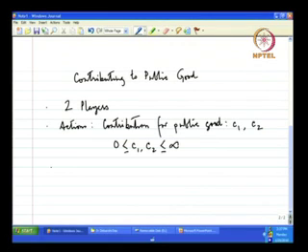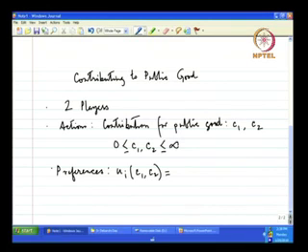And what are the preferences? Preference of any player is given by the utility function, or the payoff function, of that player. Let me denote the payoff function for player i as ui. It is a function of two variables, both his contribution and the contribution by the other player.